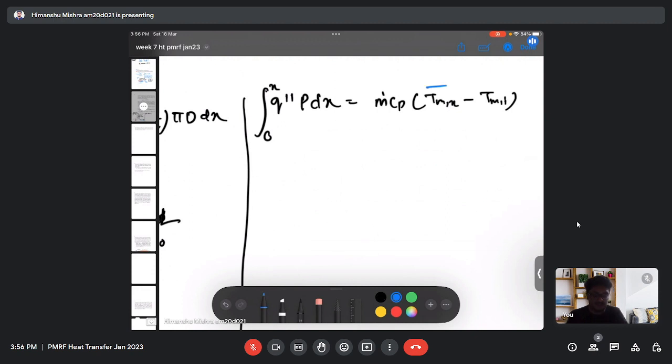So here, this is my mean temperature at location X, and this is my mean temperature at the inlet.